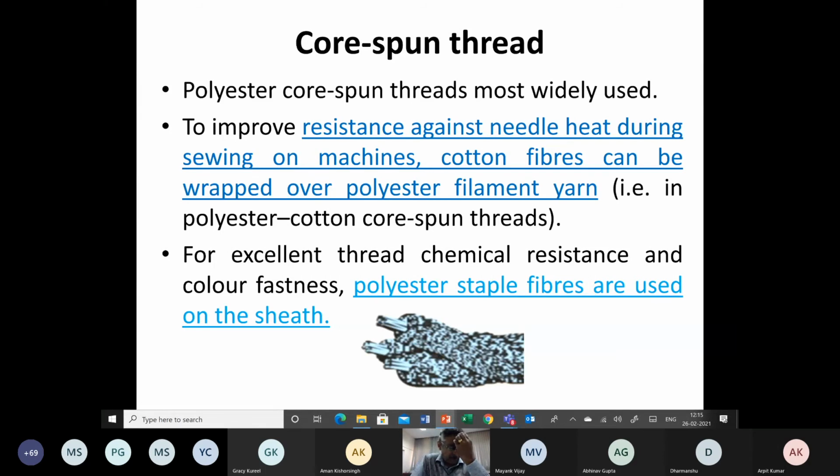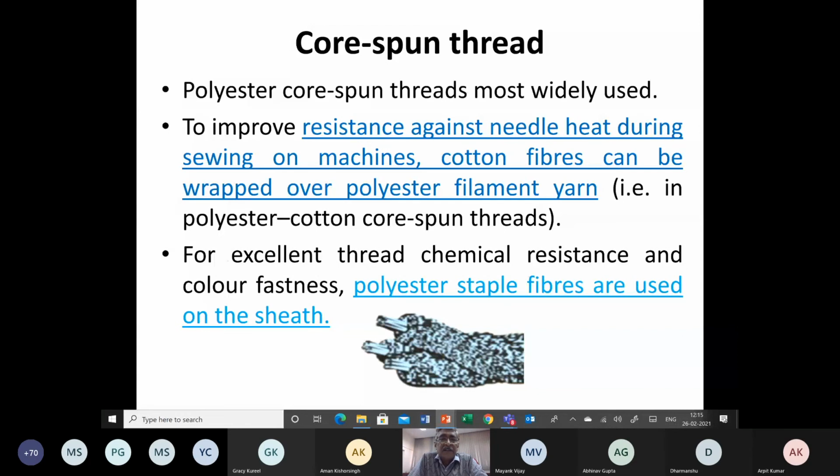So while sewing, there is a lot of rubbing between the thread and the needle. If everything is polyester, what happens? The heat generated is so high, and the temperature rise on the thread is very high. When it goes very near to the melting point, the polyester fiber melts. Melting means they form beads, which is not desirable, and also they lose their strength.